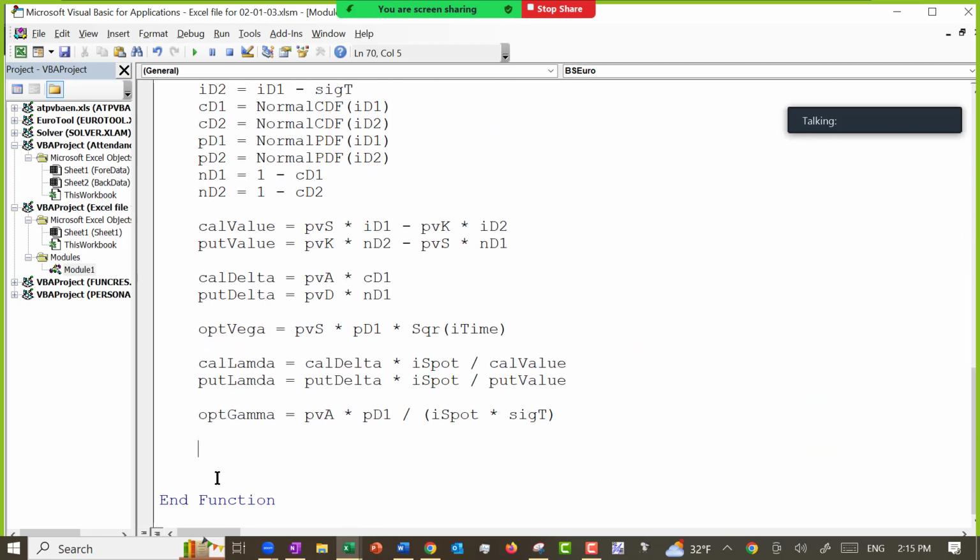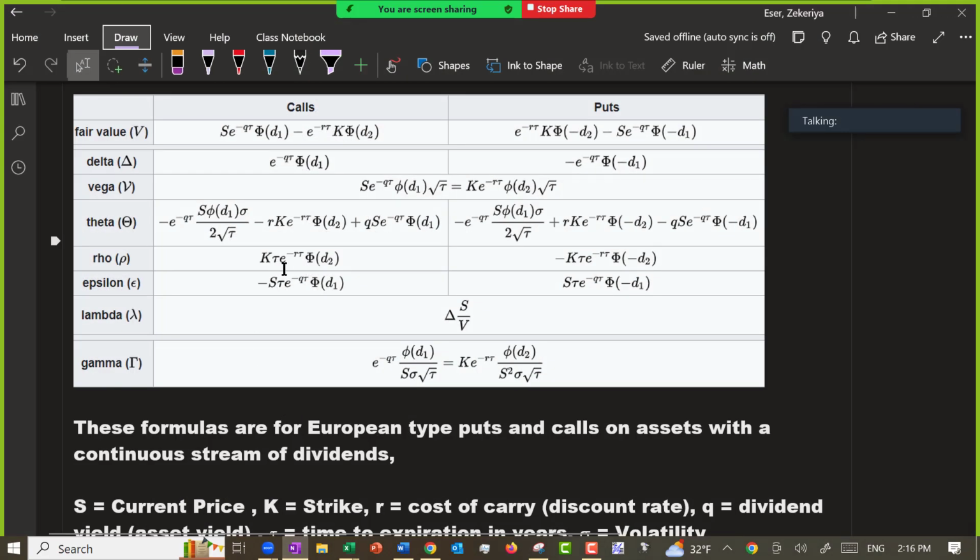Call rho equals. Let's see. It's present value of the strike times time times CD2. So this thing is going to be the same.